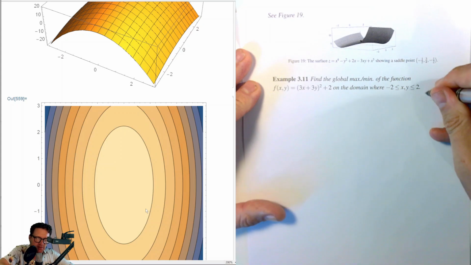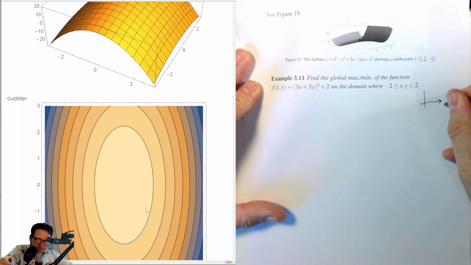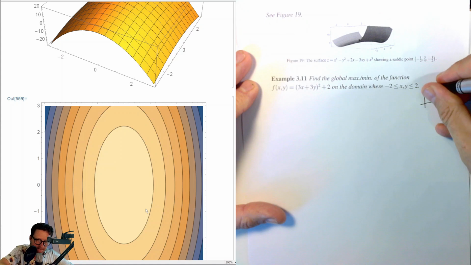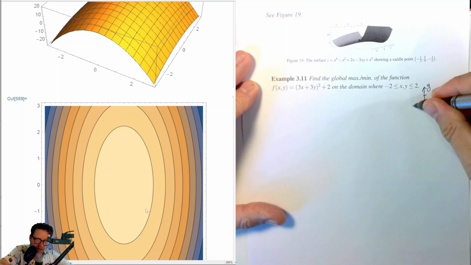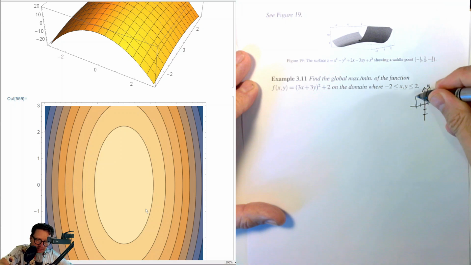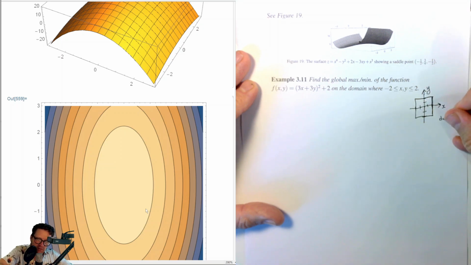So first I want to draw the domain. Okay, 1 tick, 2 ticks, 1 tick, 2 ticks, 1, 2 this way, 1, 2 this way, and now let's put a 2 by 2 box around that. Okay, so this is our domain.